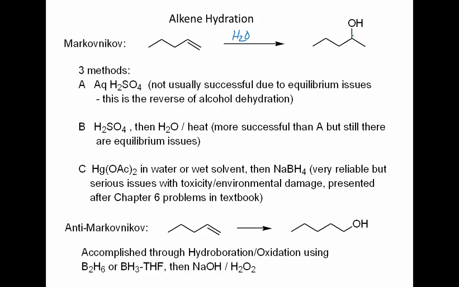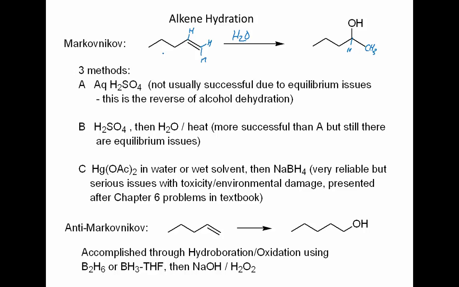And here we have the Markovnikov orientation, where we took the more substituted carbon and put the OH there, and the hydrogen added to the other carbon and joined the two hydrogens that were already there to make a CH3 group. Okay. There are 3 ways to do this. The first 2 aren't perfect, and the last one is chemically perfect, but an environmental hazard. Okay, so let's look at the 3 methods.